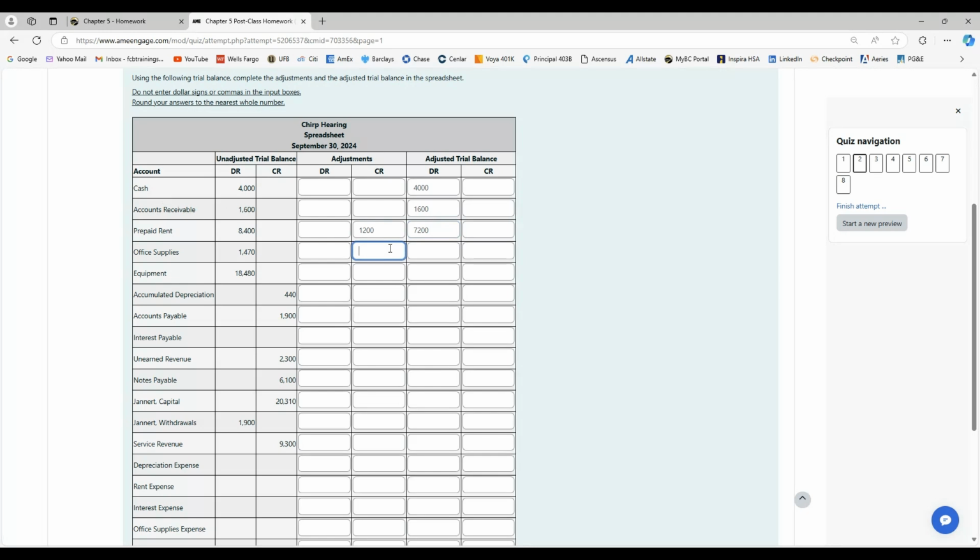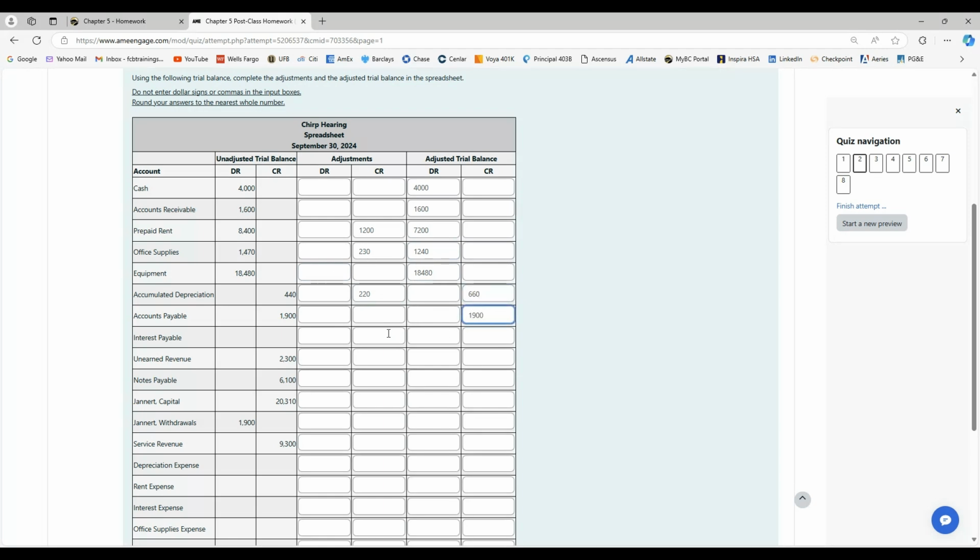We want to reduce our office supplies by $230, which will leave us a balance of $1,240. And this is all the things we just calculated. Remember, we don't adjust our equipment account directly, but we want to increase our accumulated depreciation by $220 and leave us with a balance of $660.